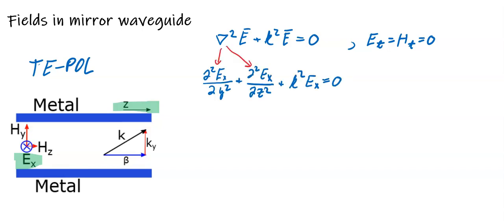Now we assume that waves can be separated in transverse and direction parallel to the propagation direction, as where EY is the transverse amplitude of the field and beta is the propagation constant along the waveguide.